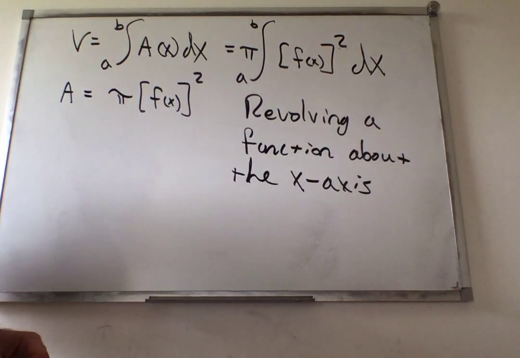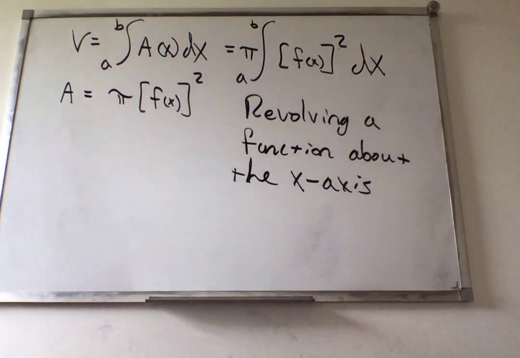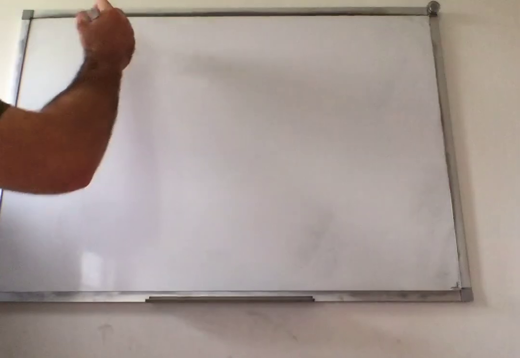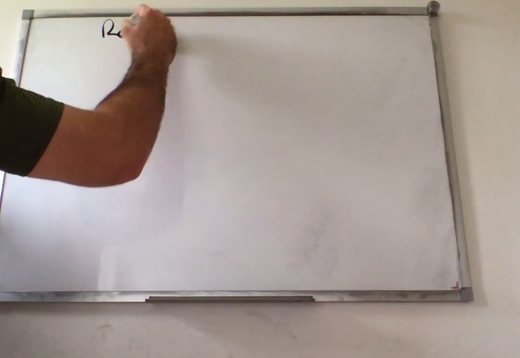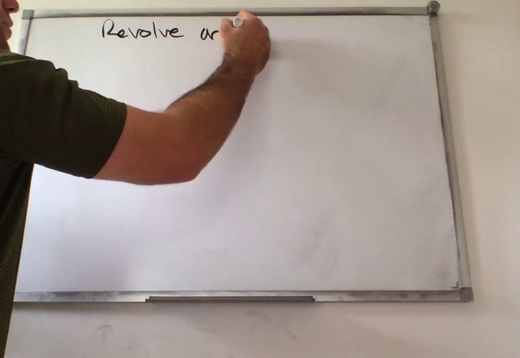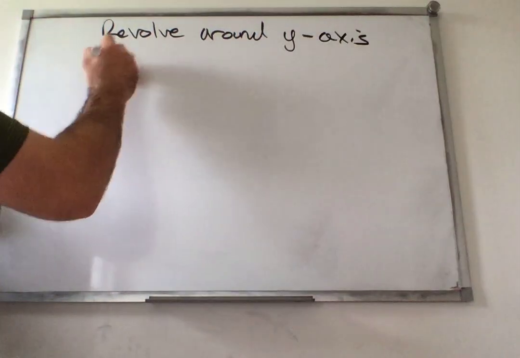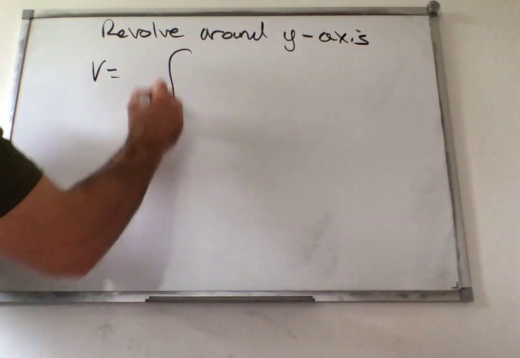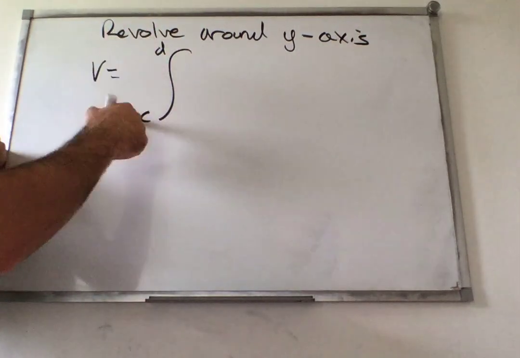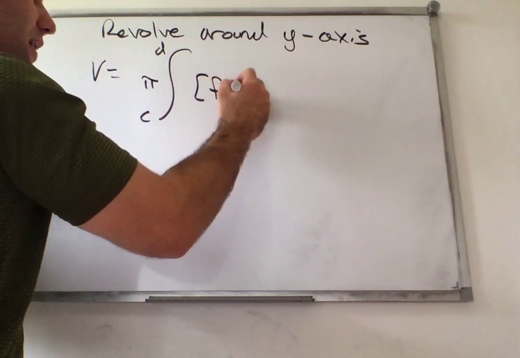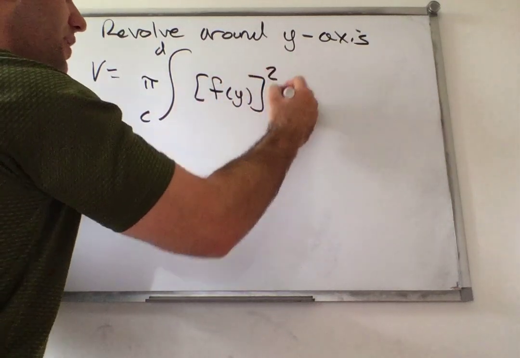Now, you can revolve around the y-axis. So, revolve around the y-axis. Well, the volume is the integral from c to d, where these are y limits of integration, pi f of y squared dy.